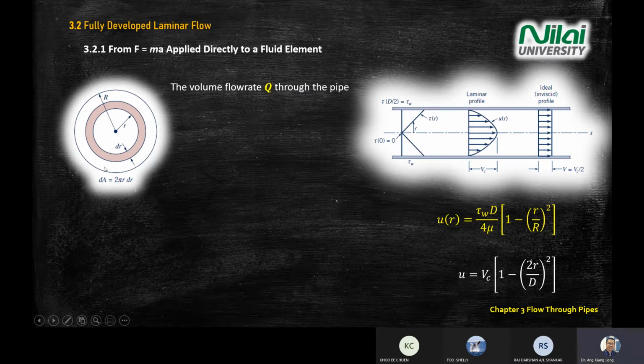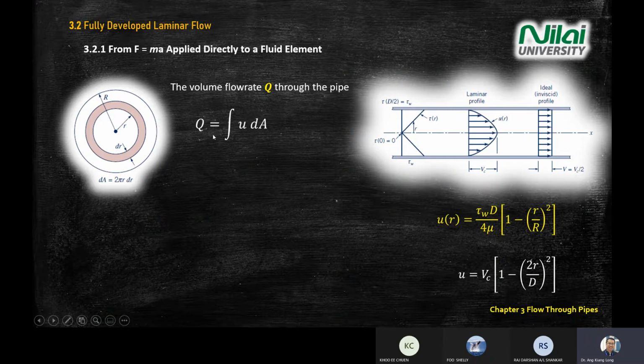If you study circular area, dA means the small change of A, the highlighted purple colored zone here. dA equals 2 pi r dr. You can find this equation in your advanced mathematics when you calculate small changes of area in a circle.